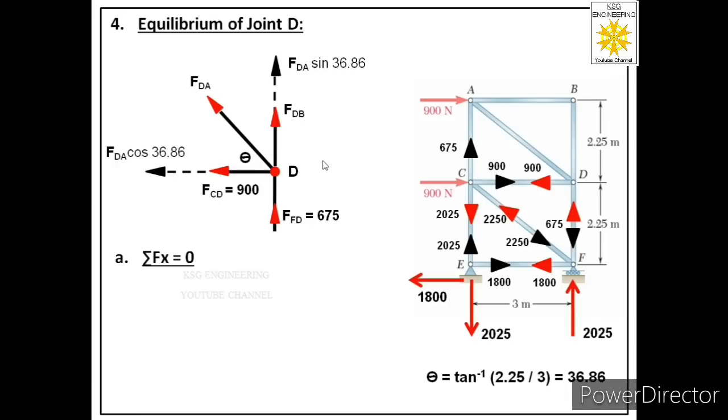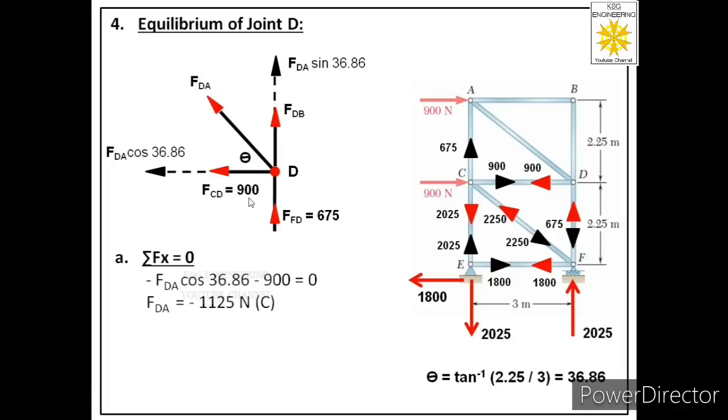So let us apply the first equation, that is summation Fx equal to 0. How many forces are acting in the x direction? There are two forces, FCD and the component of force FDA. Both are acting towards the left, so we have to consider these two negative. So the final equation will be minus FDA cos 36.86 minus 900 equal to 0, because the value of FCD is 900.